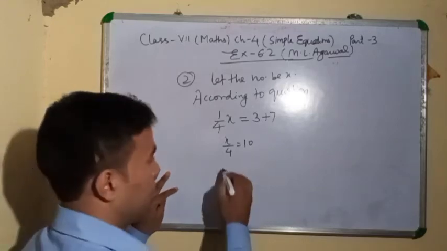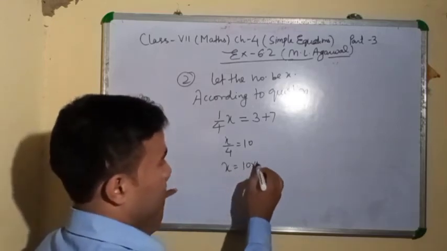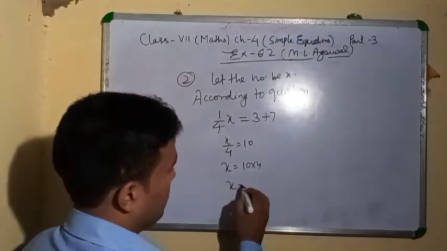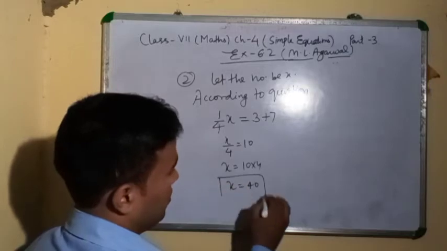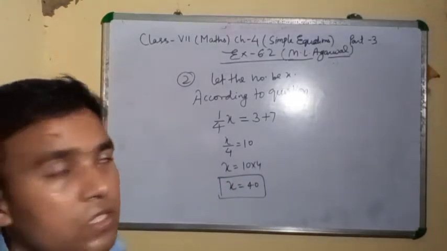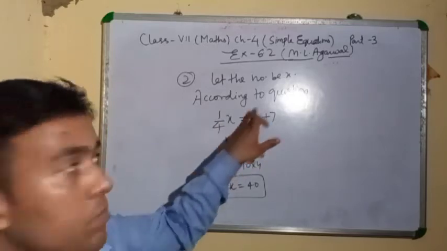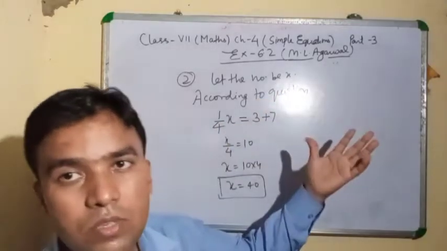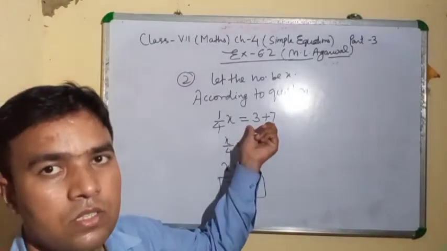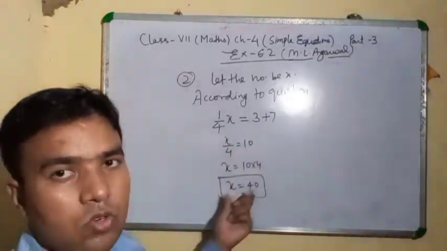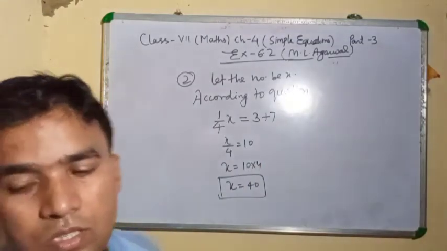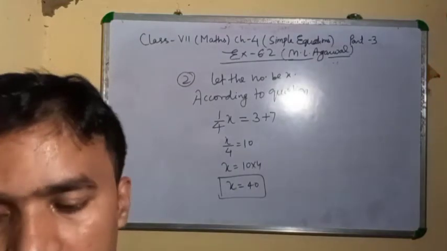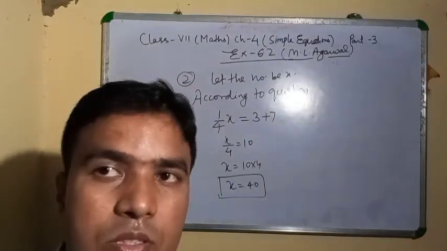Cross multiply, x equal to 10 into 4. Clear? More than means plus 7, x by 4 equal to 10, then cross multiply, x equal to 40. Question number 3, 4, 5 you can do like this. 6 I will explain. Note down this.